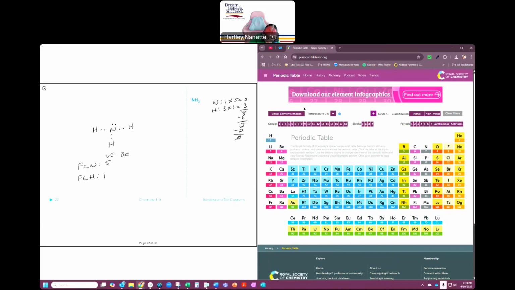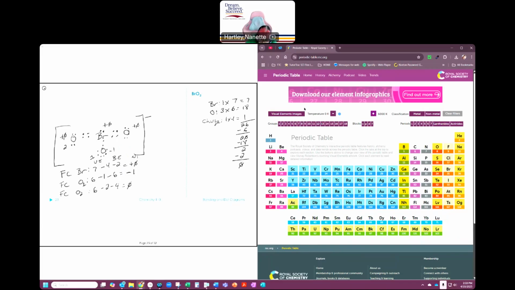For our bonding electrons, nitrogen gets 1, 2, 3. And then his non-bonding is 2, so he has no formal charge. Our hydrogen gets 1 from his bonding electrons. He has no non-bonding electrons, so he has no formal charge either. Cool. Love it when that happens.